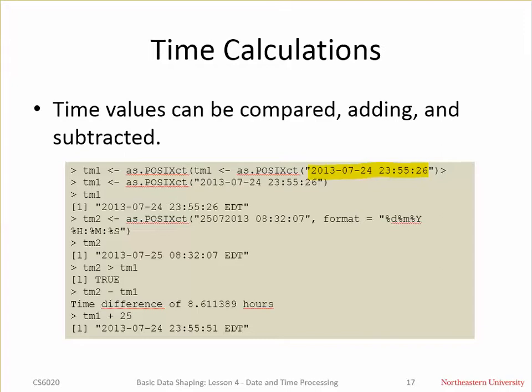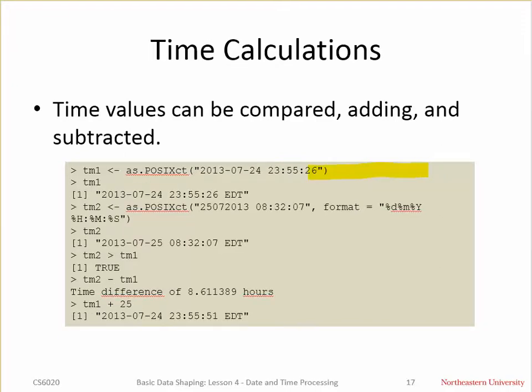Let me just fix this for you. There you go, that's fixed. So we have the time right here. Got a second time value right here, with custom format specification. And then we can say, is time 2 greater than time 1? What's the difference between time 2 and time 1? Can I add some amount of time to time 1? By the way, it automatically adds it in terms of hours by default.